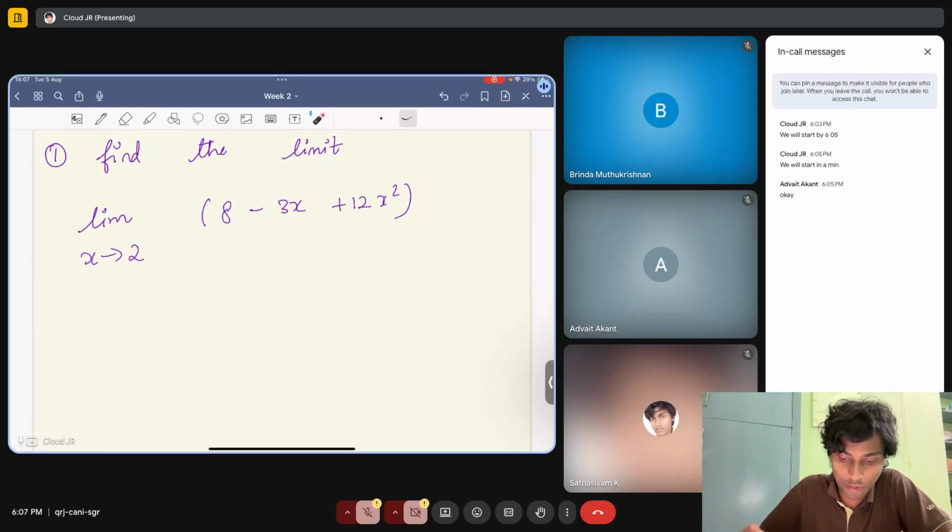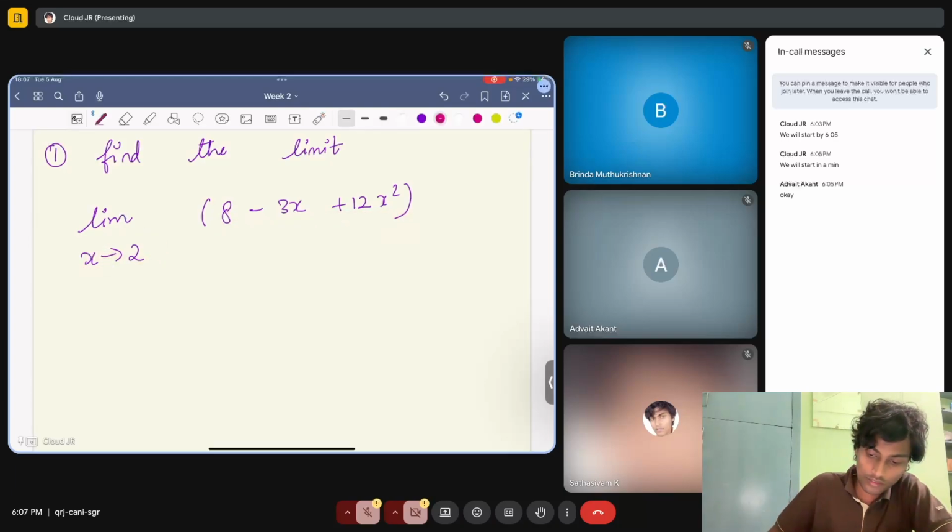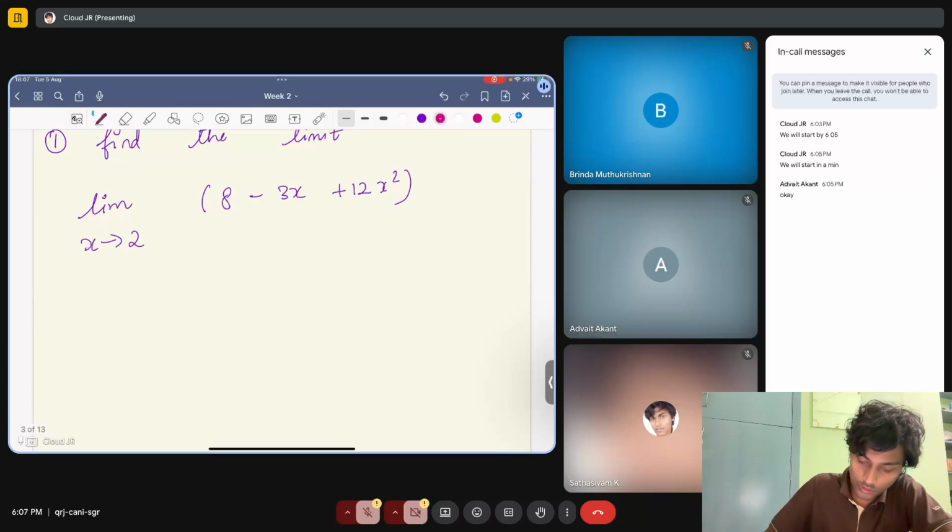So the first problem is we want to find the limit of this particular function. It's a polynomial function and you have to apply the limit to it. What you know is, if you have two functions f and g, the limit of f plus g as x tends to a is nothing but the limit as x tends to a of f plus the limit as x tends to a of g.